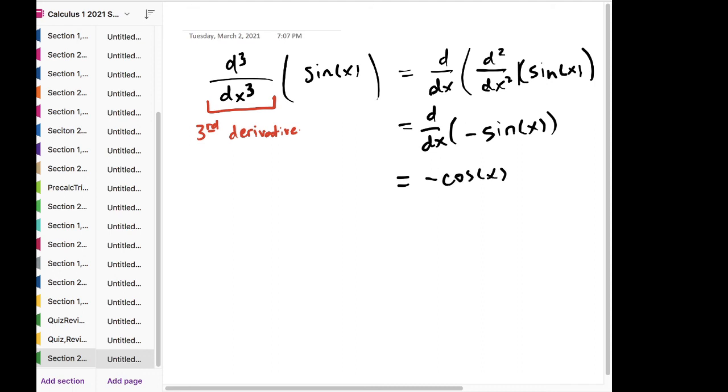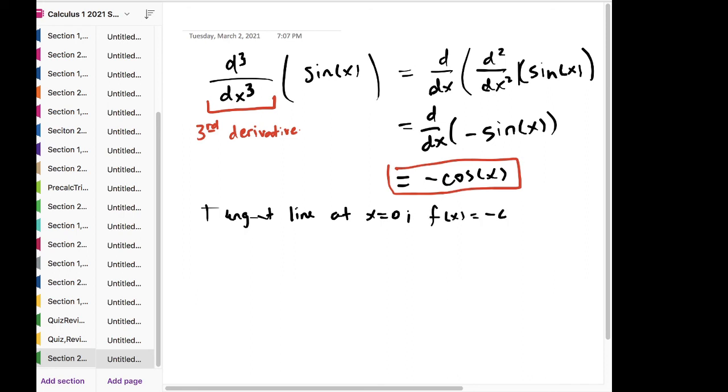Okay, so now let's take this function and find the tangent line at 0. What is the derivative of negative cosine? Positive sine, yeah.